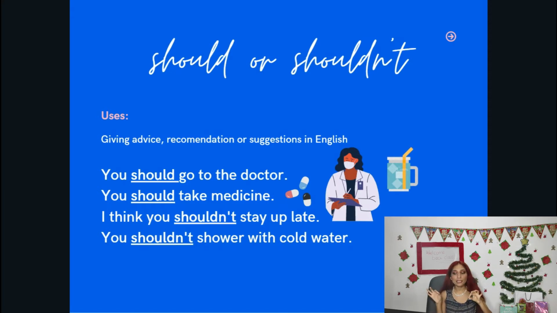So we are going to focus on this topic, should, giving advice when you're feeling sick. For example, if you have a sore throat, you should drink tea. Like giving advice so you can feel better, right?